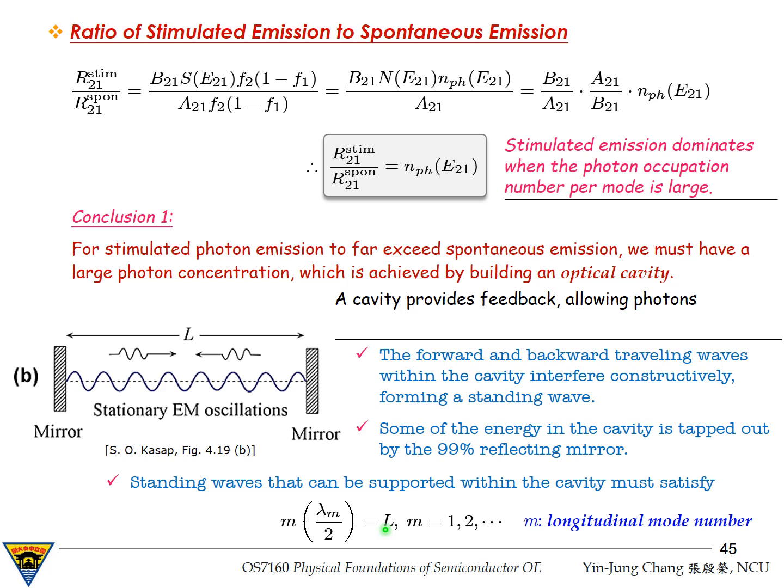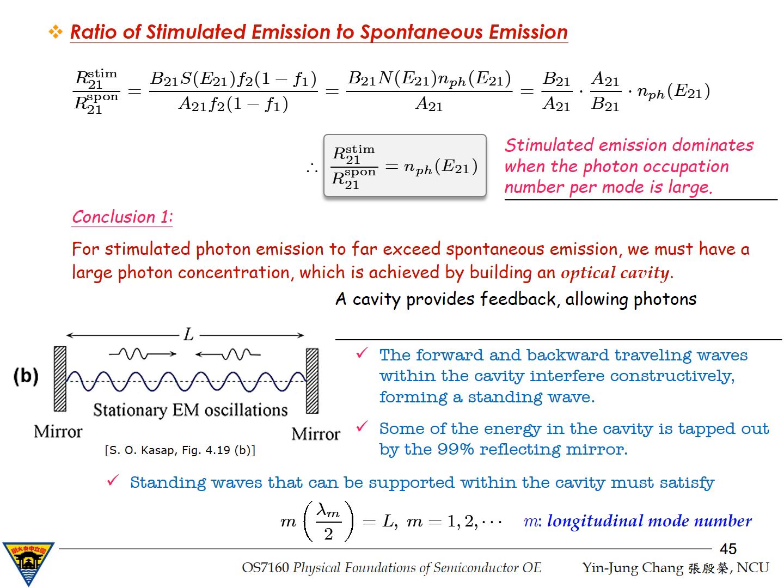Here capital L is the cavity length and m is the longitudinal mode number. This equation suggests that as long as the cavity length can accommodate an integer multiple of a half wavelength, standing wave patterns can be established within the cavity.